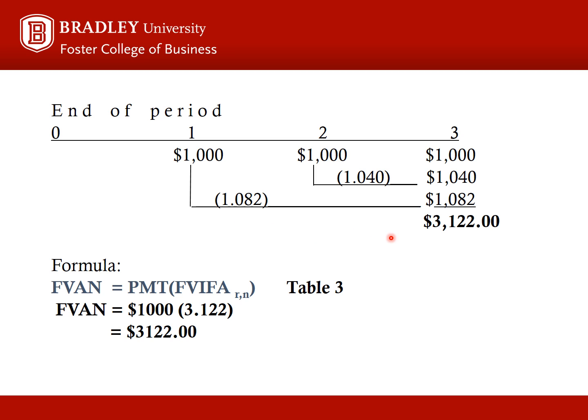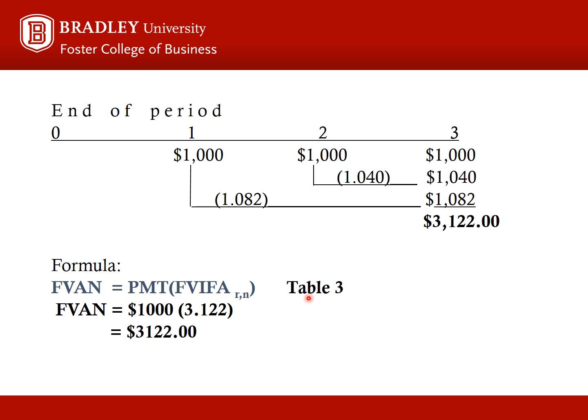So fortunately, we do have a shortcut version, and if we go to the annuity table, the future value of an annuity would be table 3. We could use this formula to solve the problem, which is what I've done here. So the future value of an annuity is equal to the annuity payment times the future value interest factor of an annuity, which is found in the handout table 3.